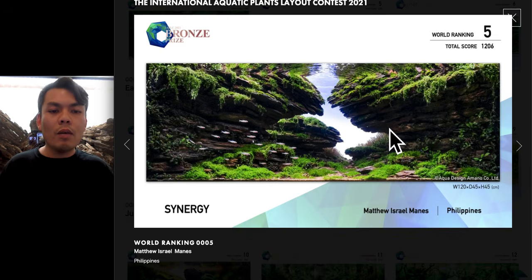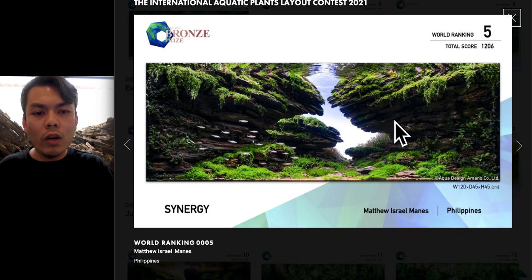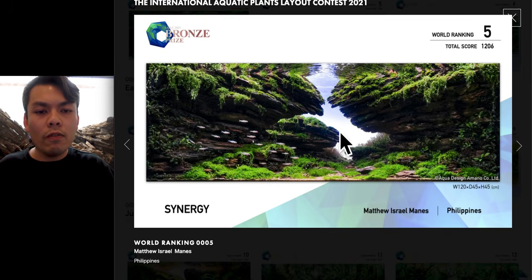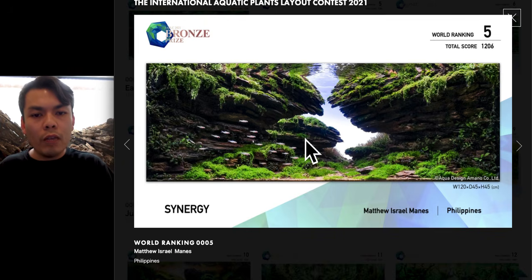So one of the things that Matthew's done in this aquascape, I believe, is the contrast between what is heavy and oppressive and almost as if it were precarious and about to fall versus the expansion and relief of the background. I think that's such a beautiful way of creating both tension and release.